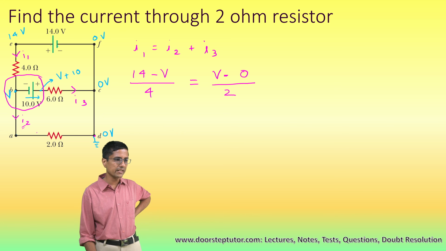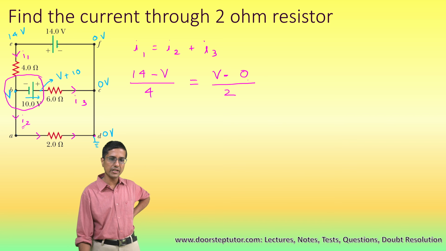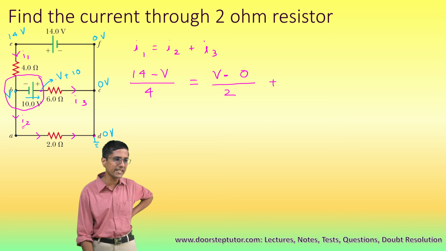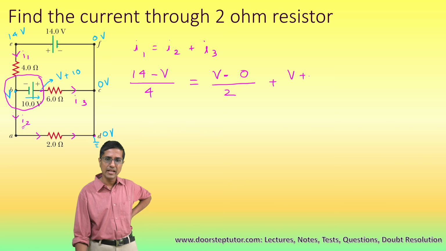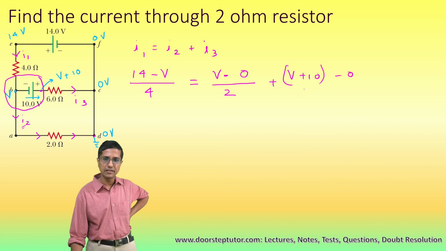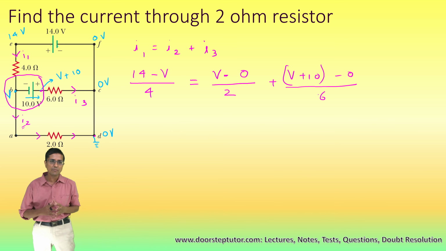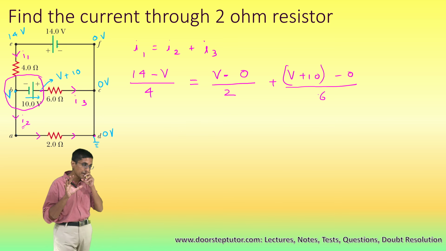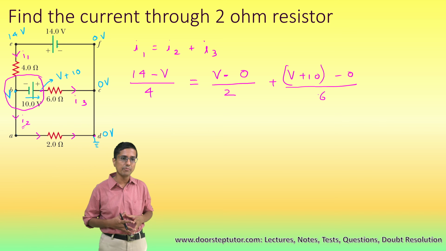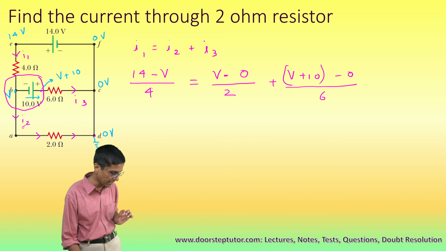This is the current I2, it's going in this direction, and then we come to the current I3, where the voltage across the resistance is V plus 10 at one end and 0 at the other, divided by the resistance itself, which is 6. So very simply we were able to use the nodal voltage method to get a single value for voltage.